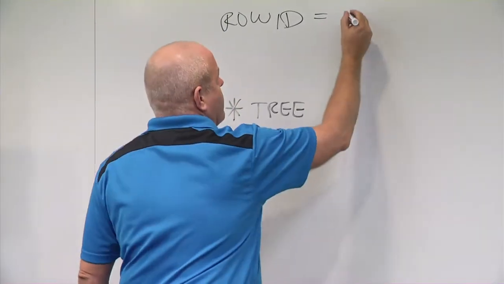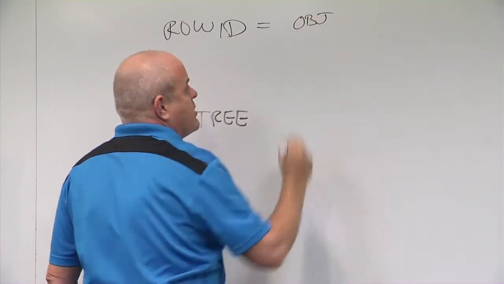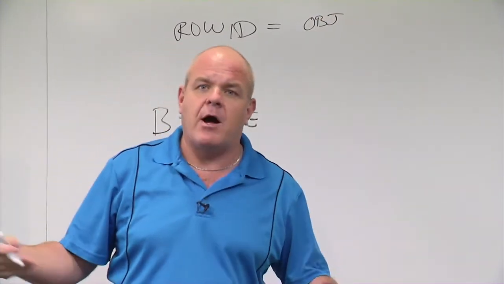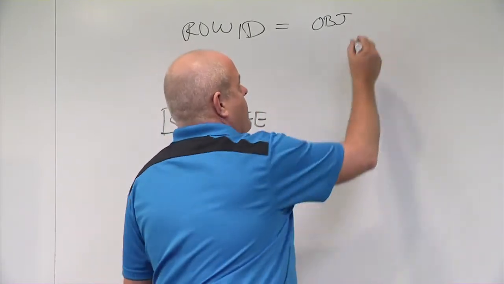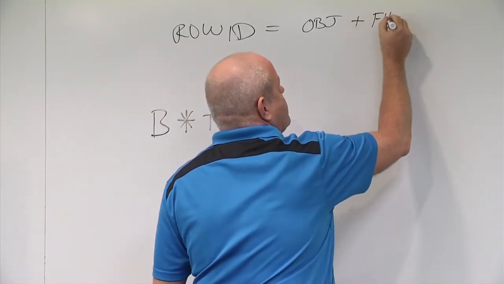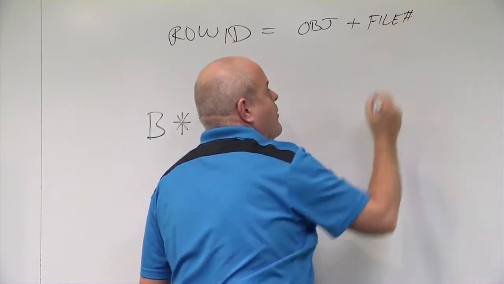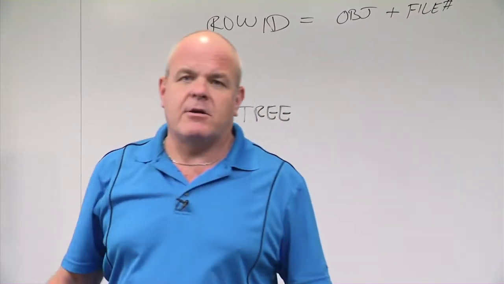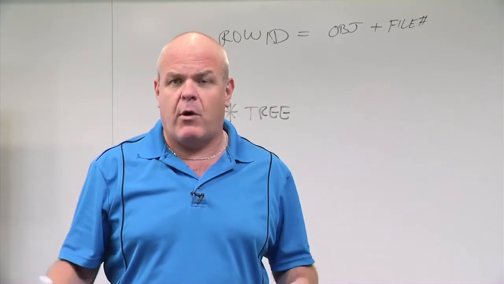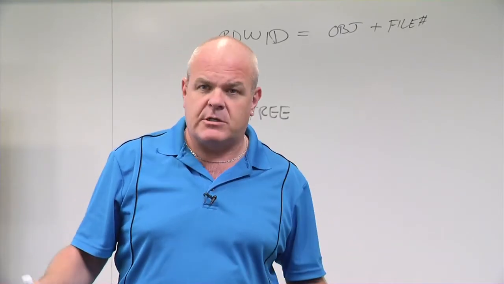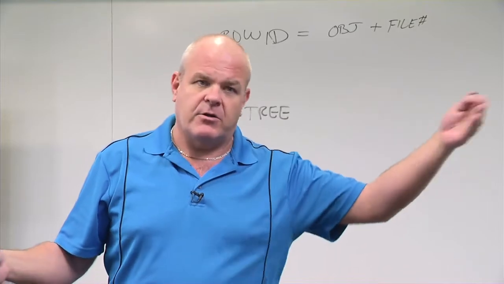The first component is our object ID, and that tells us what object it belongs to. Our second component is a file number, and it tells us what data file this row ID belongs to. So our system tablespace is file 1, file 2, file 3.